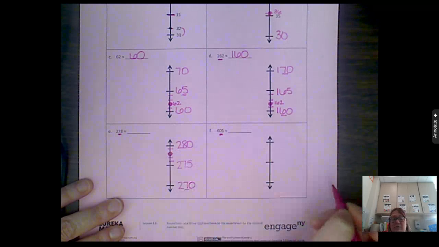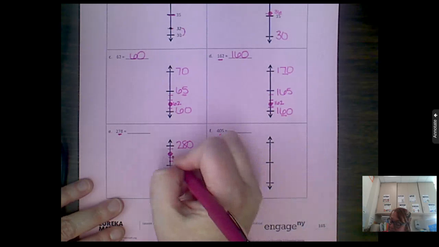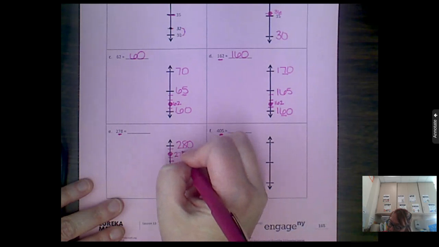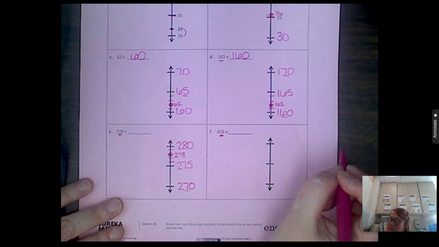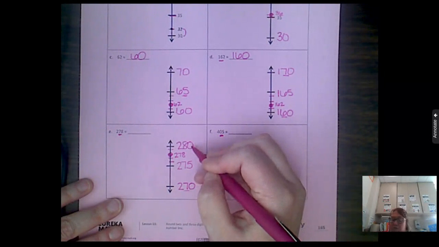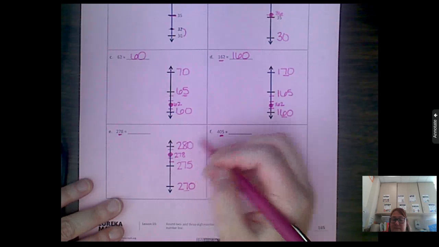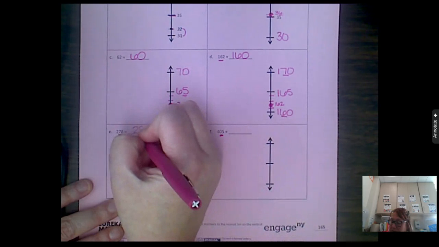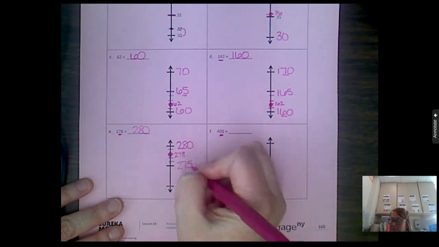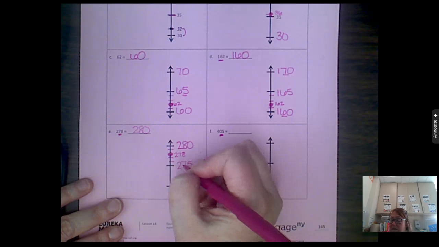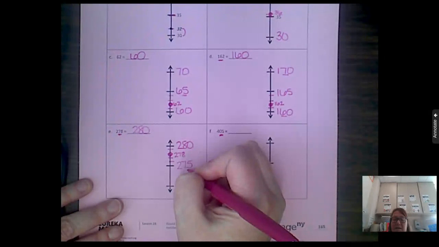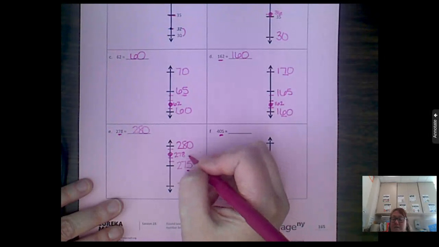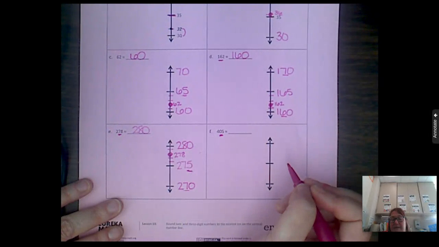So there would be 278 right there, right? So would 278 be closer to 270 or closer to 280? Definitely closer to 280. And when we look at that 5 mark, that halfway mark, right? 5 or above, give it a shove. It's above that 5 mark, right? It's above that 5 there. So it gets the shove up to 280.